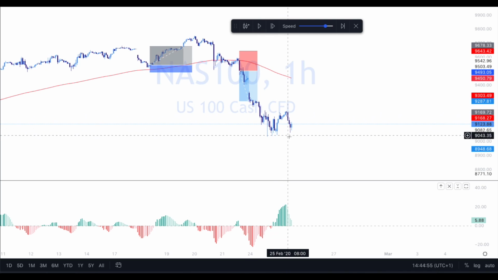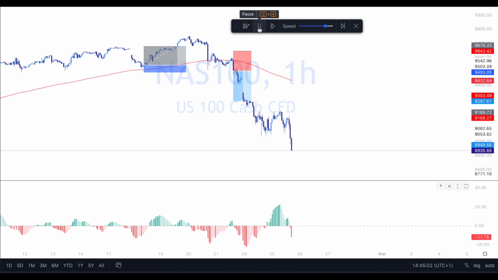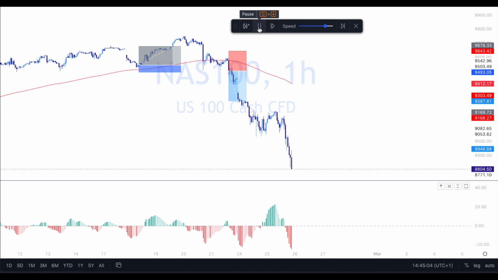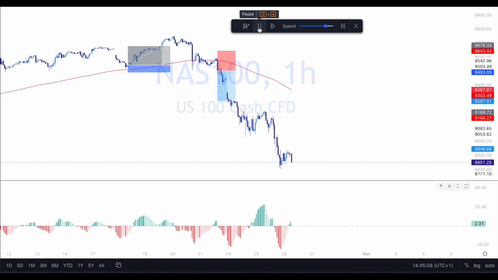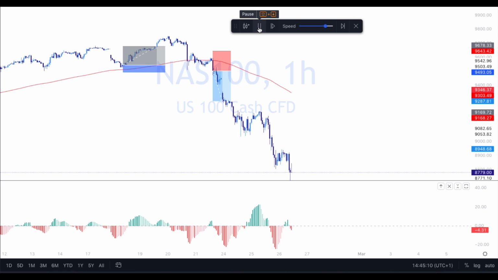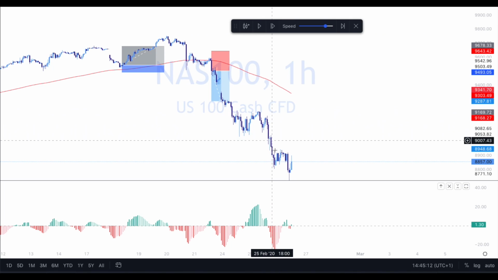So it's come up and it's gone back down, but we need it to get as close to this as possible before we take the next sell. Or it needs to close above. But in all fairness, I would have taken this trade over here.